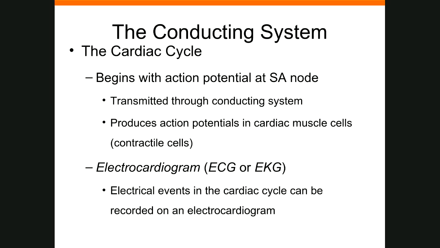This is what I tried to explain. To record those electrical events, the doctor will place electrodes at special places on your chest, and it will record the electrical events, and following that it will show whether the heart is working normally or abnormally.